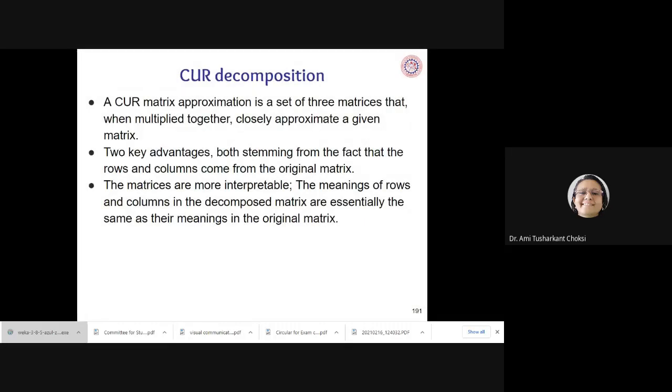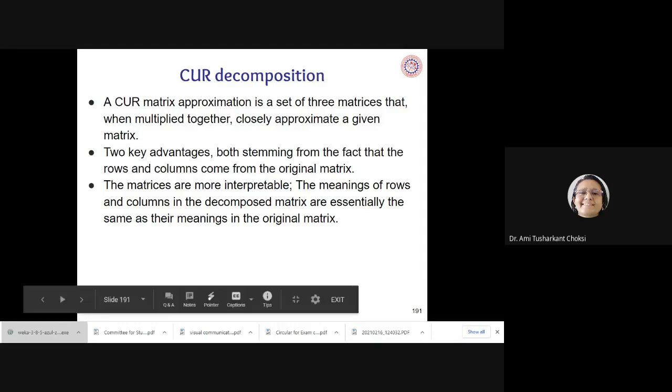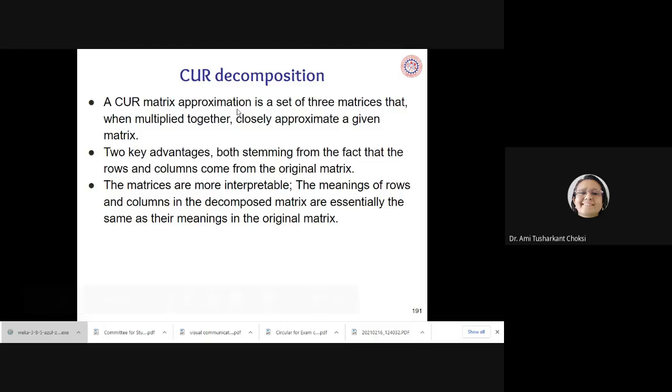Now, next, what we want to learn is CUR decomposition. So let us see what that is. A CUR matrix approximation is a set of three matrices that, when multiplied together, closely approximate a given matrix.